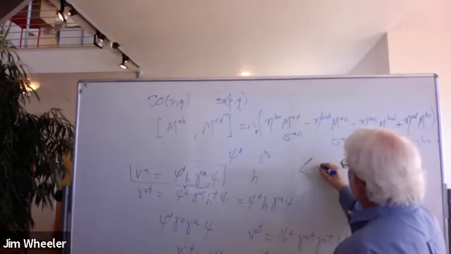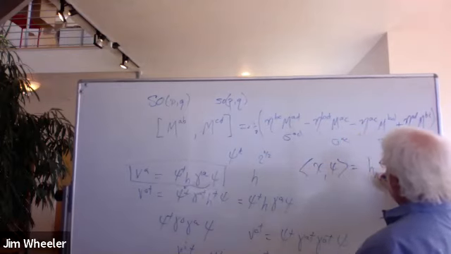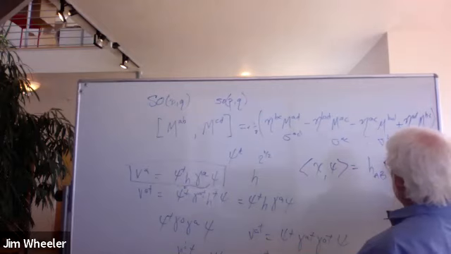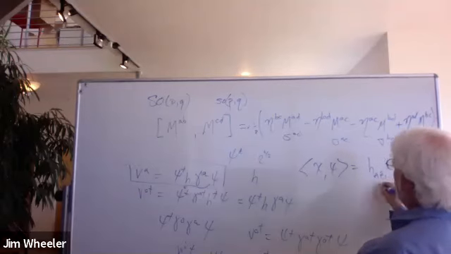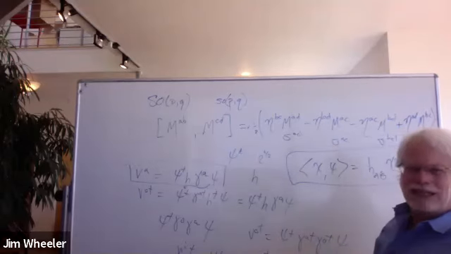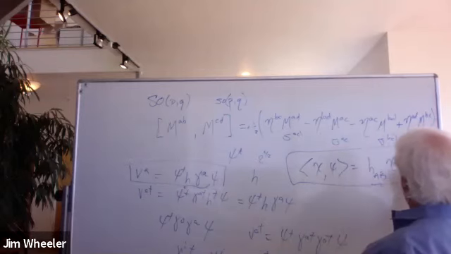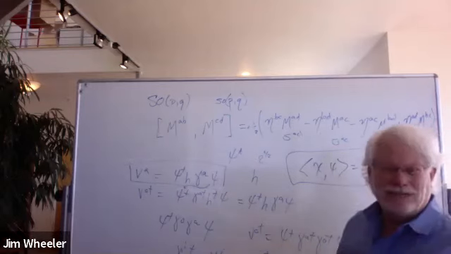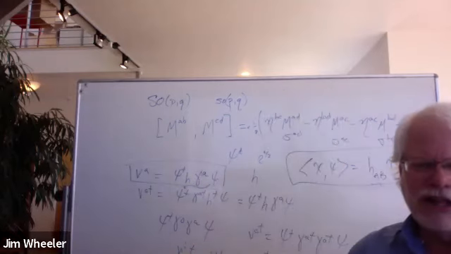So we've got this inner product of chi with psi that I'm defining as H_AB, chi dagger A psi B. That's my Hermitian inner product there. Okay, and then you can use H to lower the A to a B, and so that is making a dual vector of it.